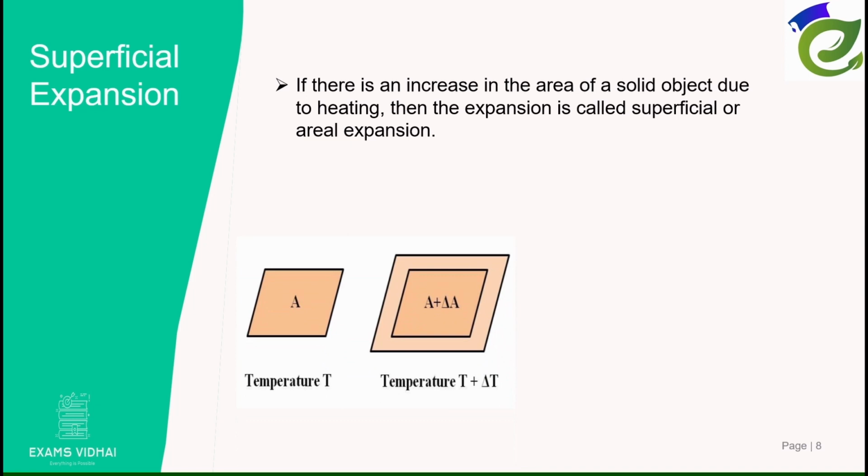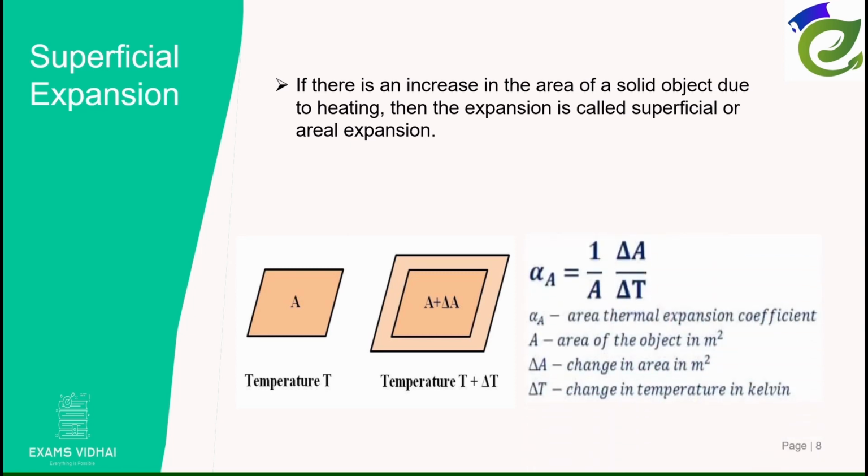At temperature T, if you have an area of A, and if the temperature changes by T plus delta T, then the area changes by A plus delta A. So the formula is alpha A is equal to 1 by A into delta A by delta T. Here alpha A is the area thermal expansion coefficient and A is the area of object in meter square and delta A is the change in area in meter square and delta T is the change in temperature in Kelvin.